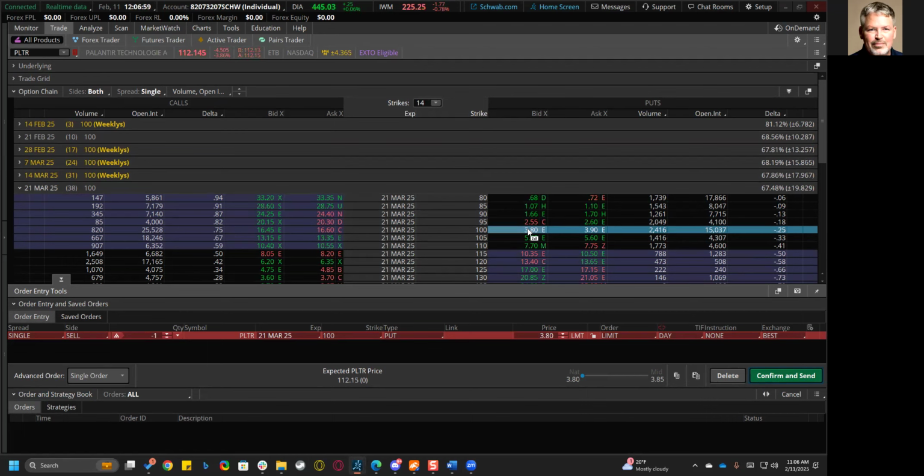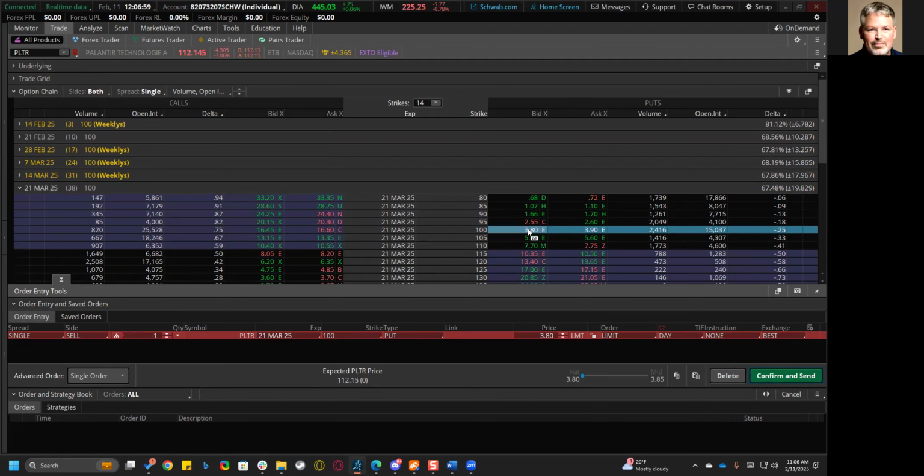If I can do that, then they'll let me sell this put as a cash secured put. Now, one thing that I like about this is when I do this trade, how much money we get in credit, we can use that credit to lower the cost of our average share price.